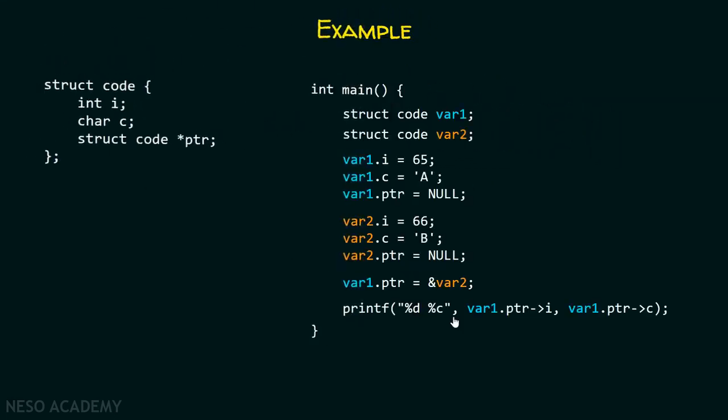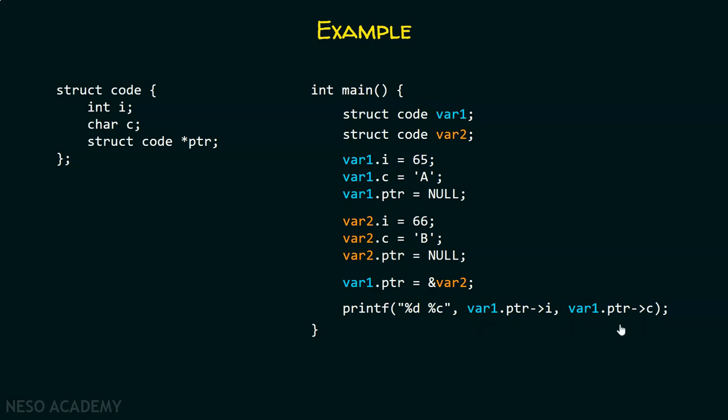That is why in the printf function, with the help of var1, I am trying to access the members of var2. Here you can see I have written var1.ptr, which means I am calling var2, right? Because var1.ptr contains the address of var2. So I am basically calling var2 and accessing the member i of var2. And here I am accessing the member c of var2.